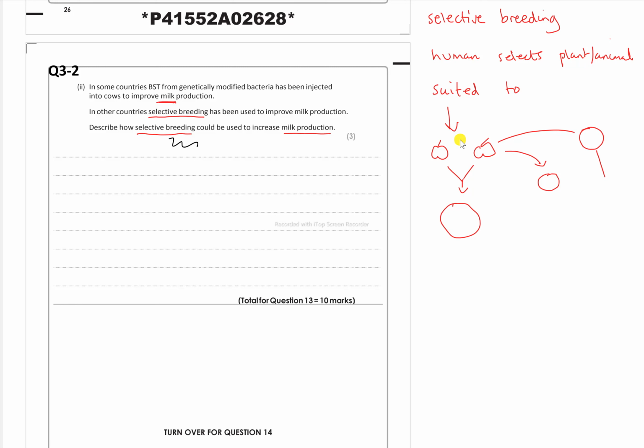Then from there, you select two really round, for example, yellow plants, and you cross-pollinate them. You keep doing that till eventually you've got your perfectly round, perfectly yellow apple. It's not good, because there's no genetic variation, and it might be prone to disease.